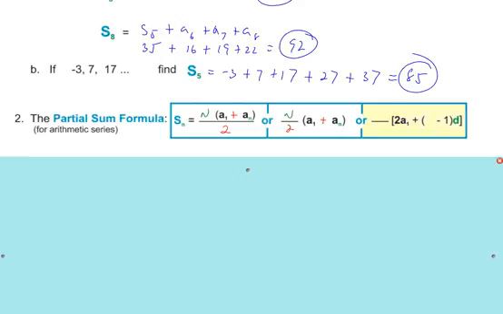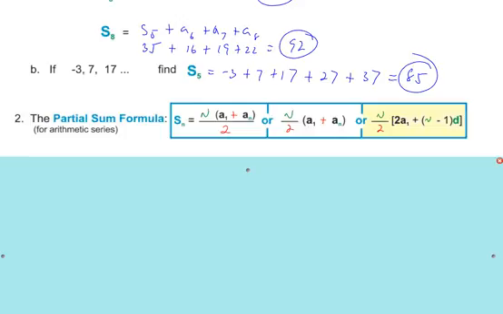All right, the last one has a use to it, and so it's n over 2, times 2 times the first term, plus n minus 1 times d. So it's real close to the explicit formula for an arithmetic sequence. The only thing is you have 2 times the first term, and you still have the n over 2.